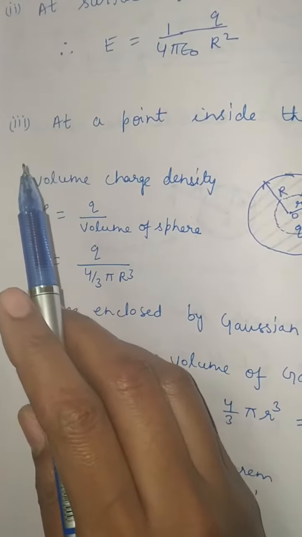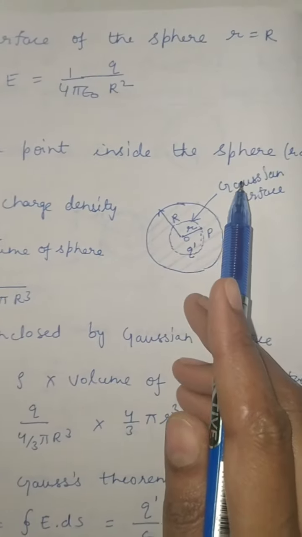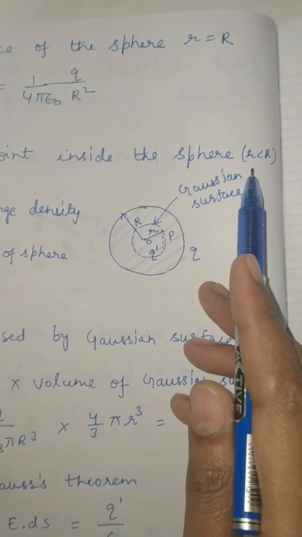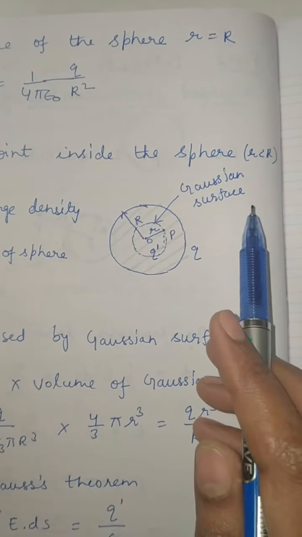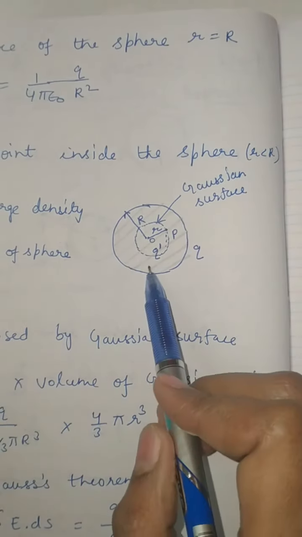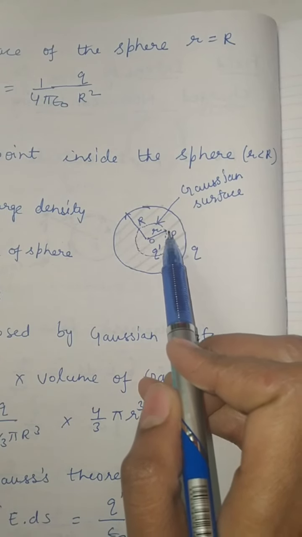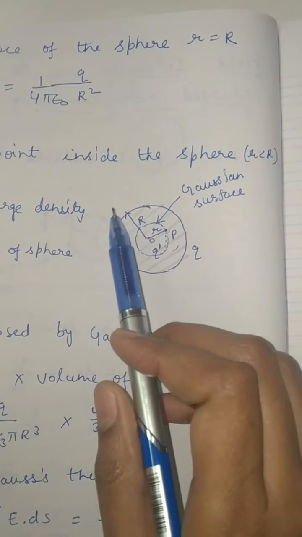The third case is if we take the point inside the sphere, meaning for those points r will be less than the radius of the sphere. So if we want to calculate the electric field at inside points, see here the point P is taken inside this sphere.